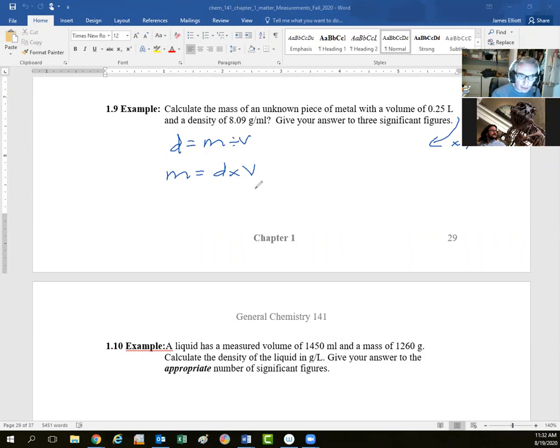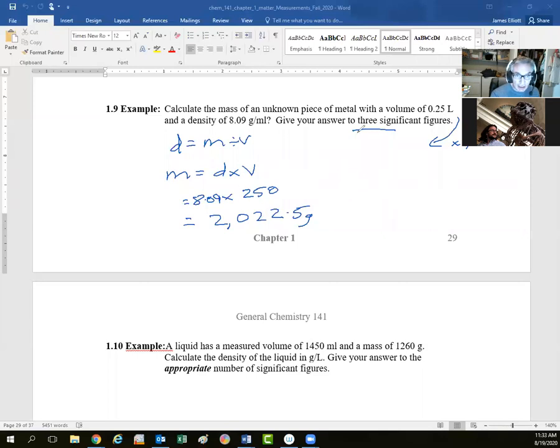So that's going to be 250 milliliters, and our density is 8.09. And the question asks for the appropriate number of significant figures, or actually asks for 3 specifically. So let's work out the answer. And I wrote that down on a bit of paper earlier. So 2,022.5 grams for the final answer.